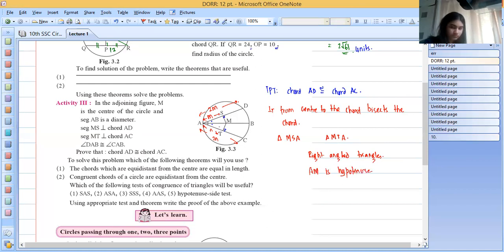Now you have angle SAM equal to angle TAM.